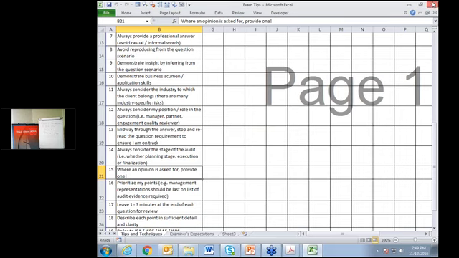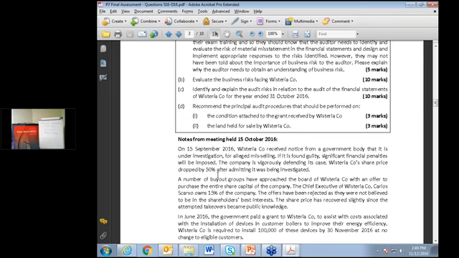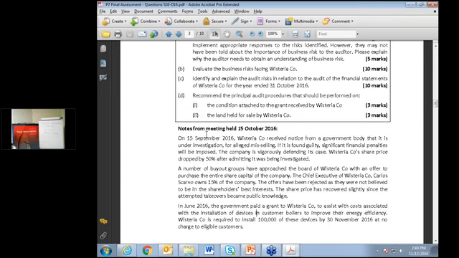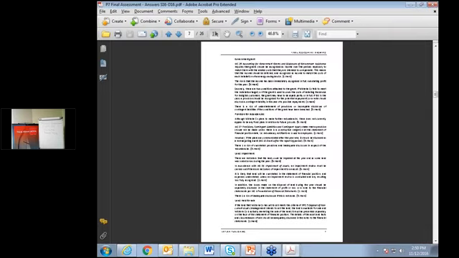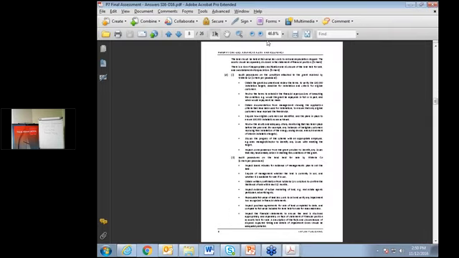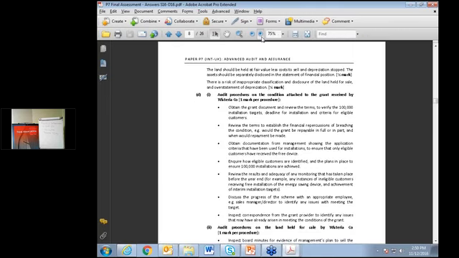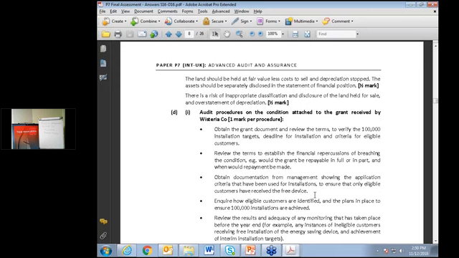So let's move back to part D. Part D basically relates to recommending the principal audit procedures that should be performed on the condition associated with the grant and the land held for sale. If you look at the solution to this, which is also available in the handout section, you can see that the marking scheme is structured to give you 3 marks in total.